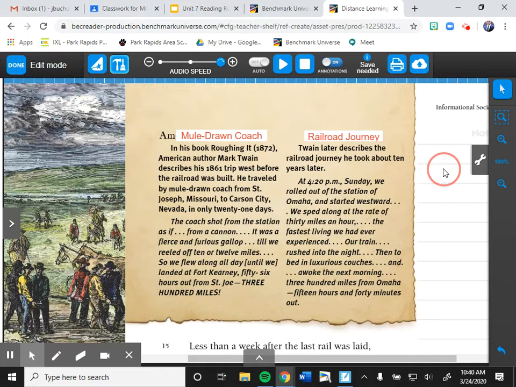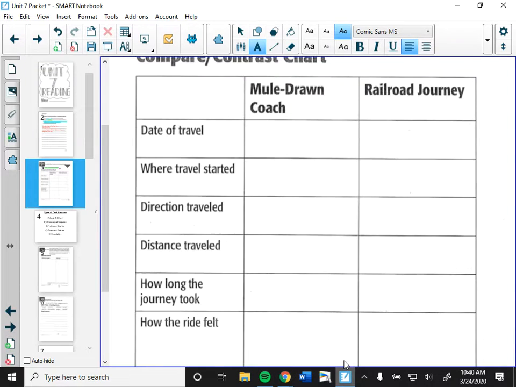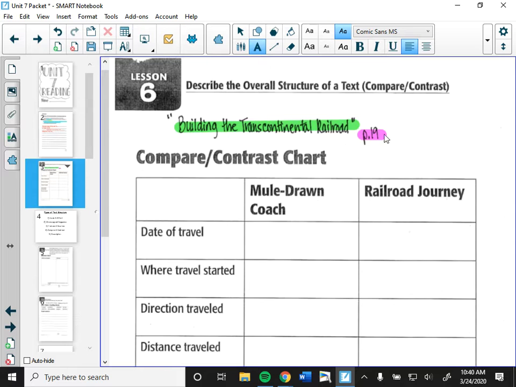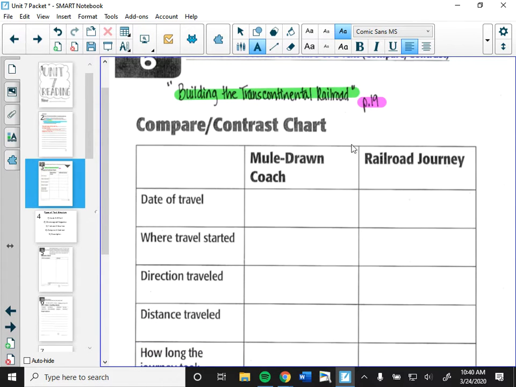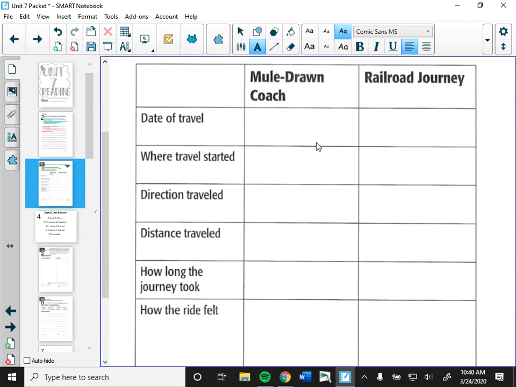The reason I put these headings is because your page 2 in your reading packet has these headings. We're going to compare and contrast Mark Twain's experiences in the mule-drawn coach and when he took the railroad journey. You're going to fill out the chart.